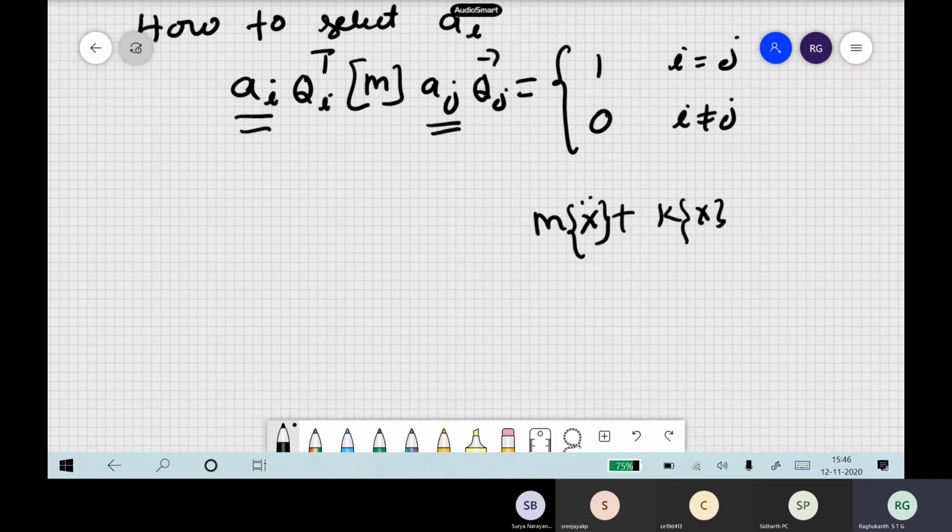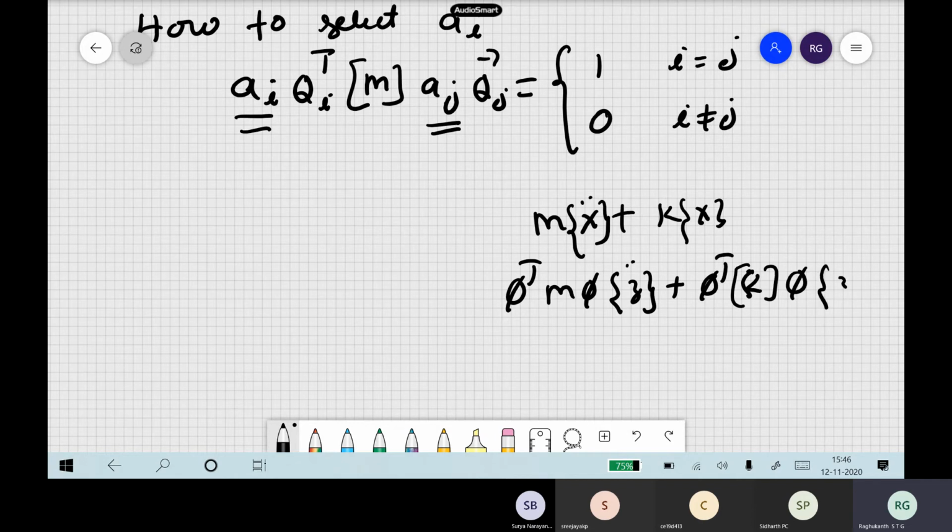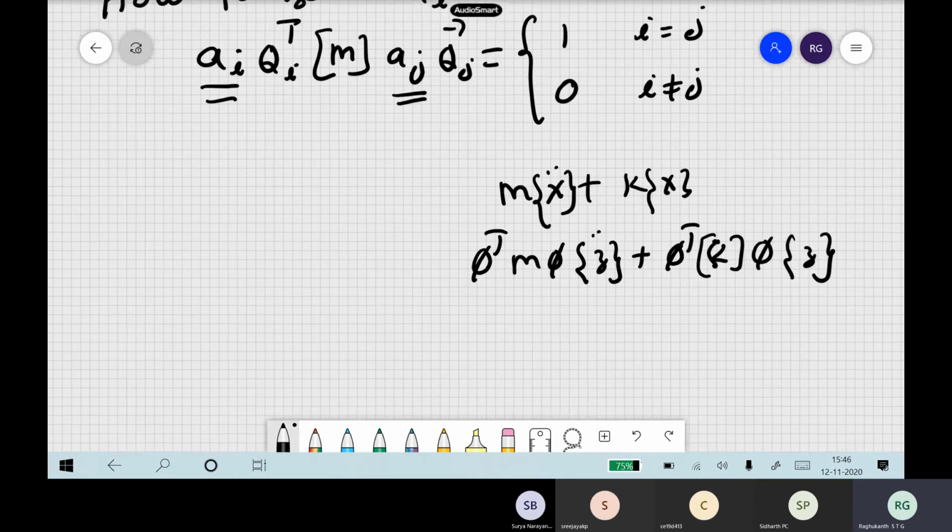Now what do you do now? This equation, what is it that we are trying to do here? So when I multiply by phi transpose m phi, you have some z double dot here, plus phi transpose, we have a k matrix and phi, and you have this z also. What we try to do in dynamics, what should be this value?